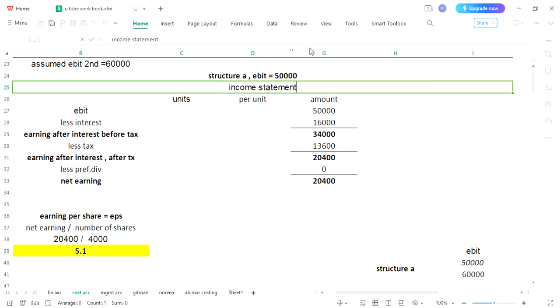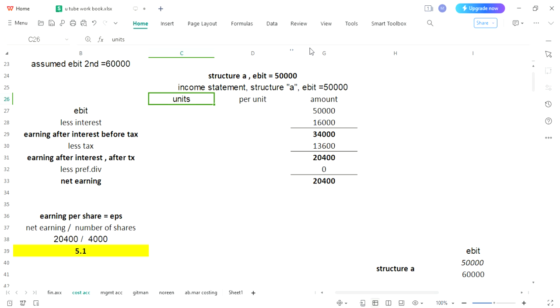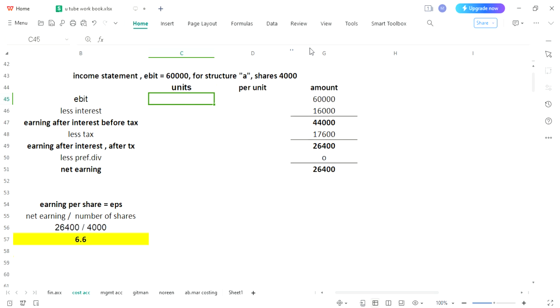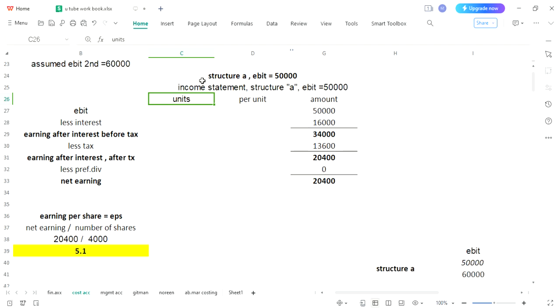This income statement was made for structure A as well, and your EBIT was 50,000. Over here you have made it for EBIT 60,000, and here EBIT was 50,000.